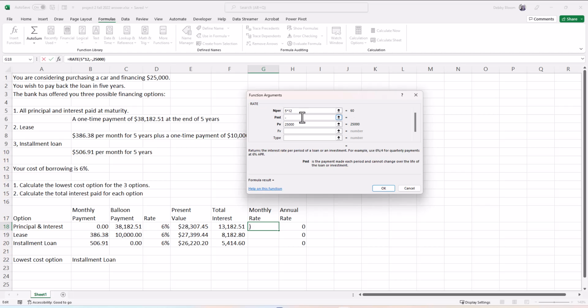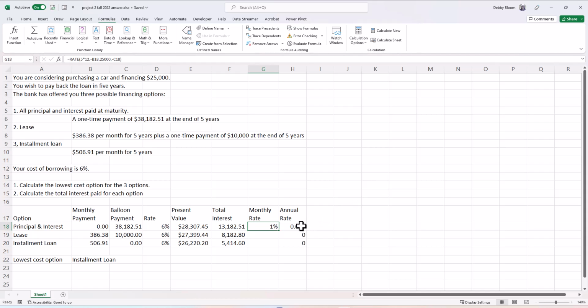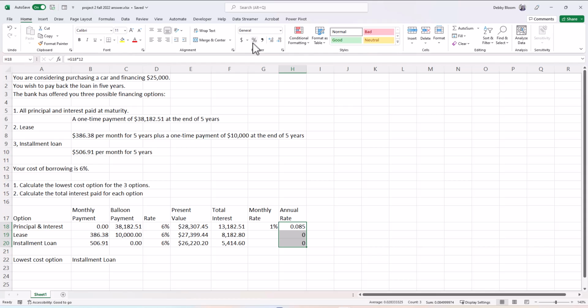So payment is negative B18. Present value is 25,000. Future value, negative 38182.51. So notice we get a very, very long monthly rate, but when we click OK, we see that our annual rate is 8.5%. Let me turn that into percentages so we can see.